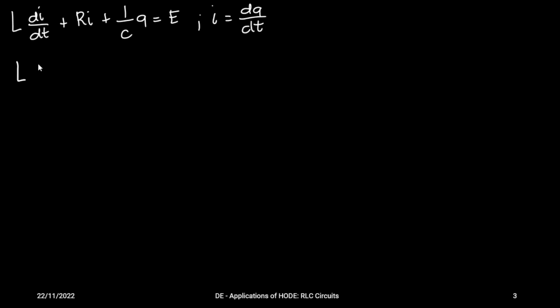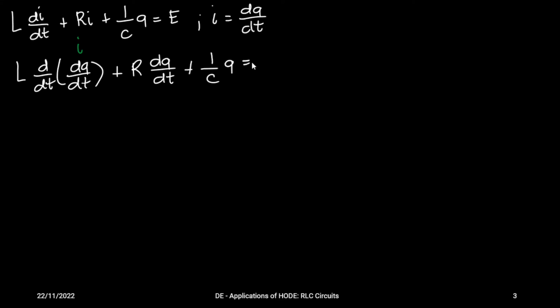So we have here L d over dt of dq over dt, okay, so this is our I. Then we have plus R dq over dt plus 1 over C Q is equal to E. So yan yung ating substituted formula.